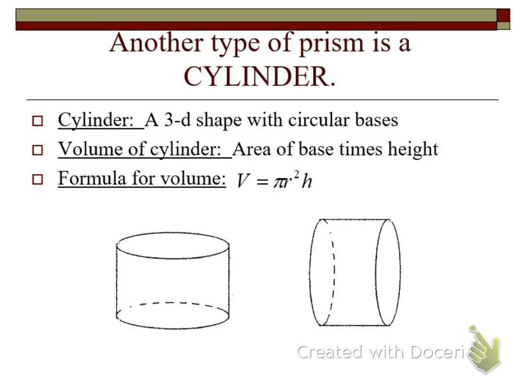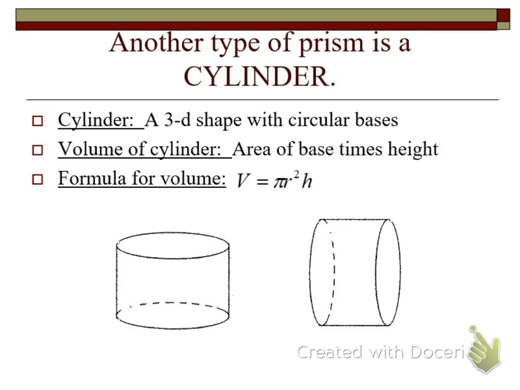All right, then you'll need to flip back to that second page because we have to fill in the formula for the volume of a cylinder. The volume of a cylinder, much like the volume for the other prisms, is the area of the base times the height.